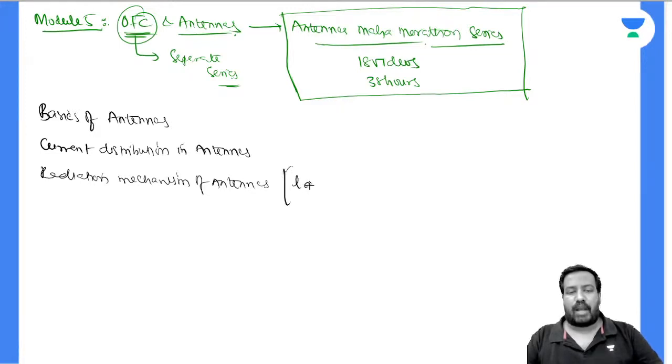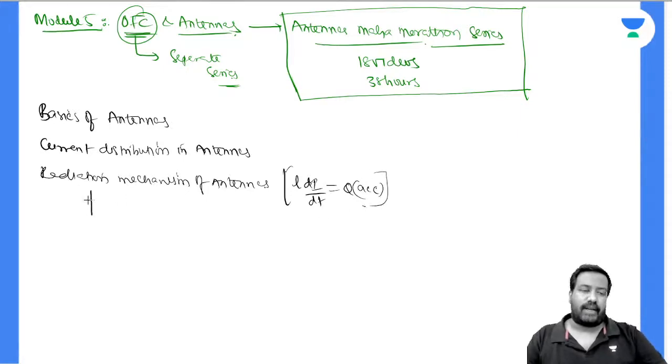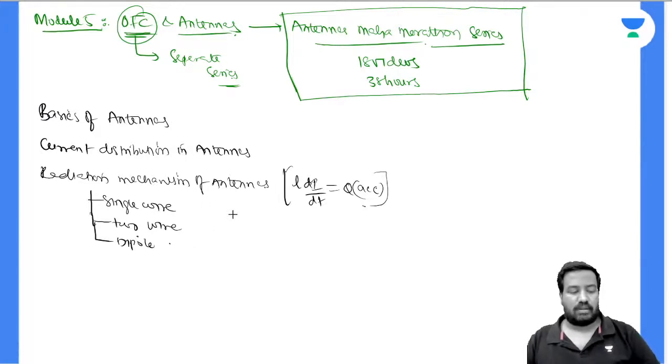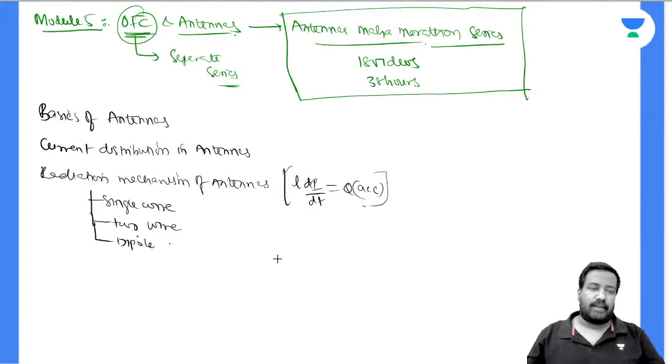for the radiation to happen, it should satisfy the equation L into di by dt is Q into acceleration. Then we have seen radiation through single wire, 2 wire and dipole. That's the radiation mechanism for single wire, 2 wire and dipole.